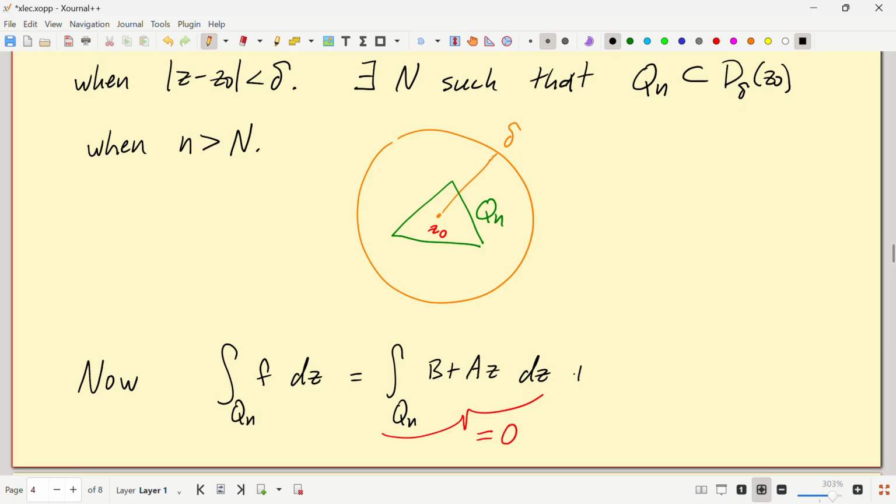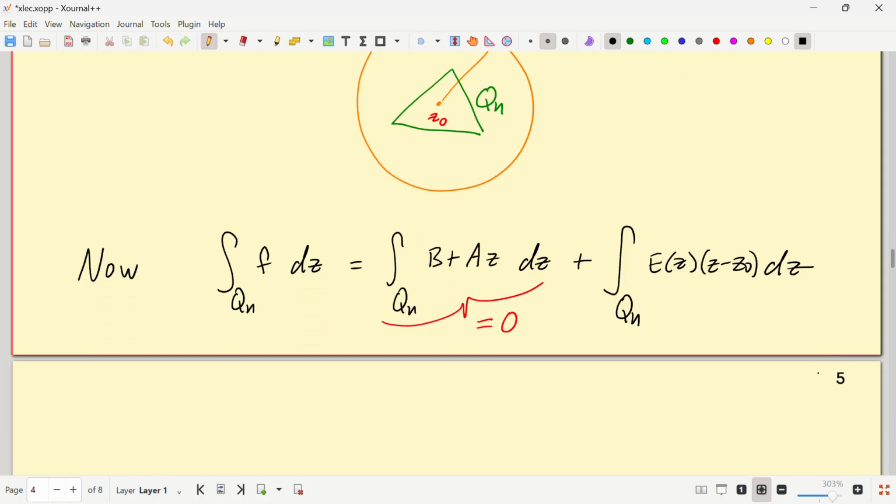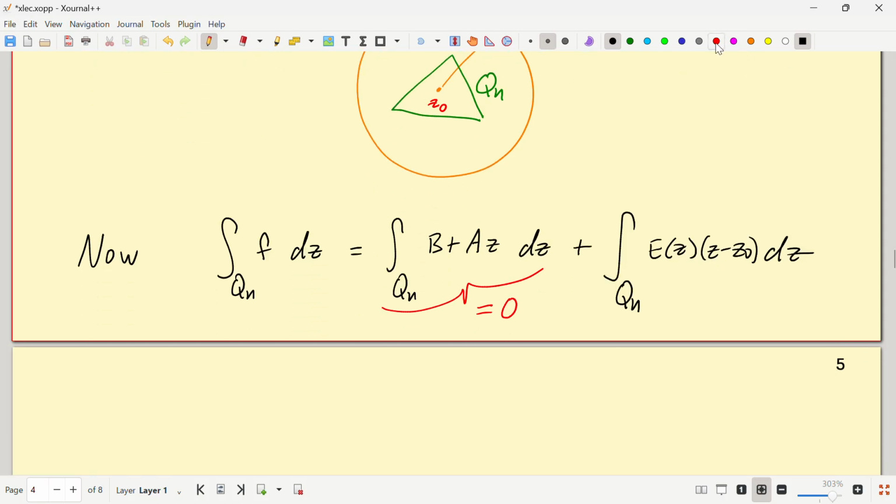And then I get something that's going to be way too small: the E of z times something that's kind of small, z minus z naught, dz, around a small triangle. So I'm anticipating that this is really small.